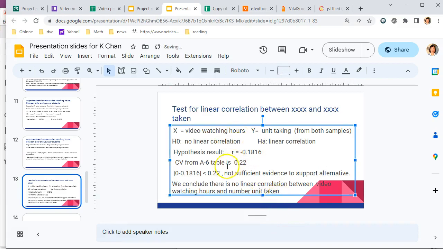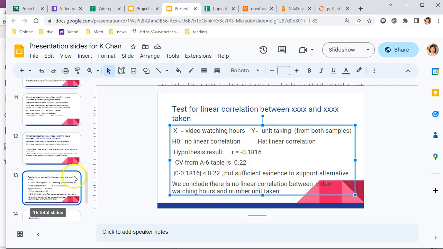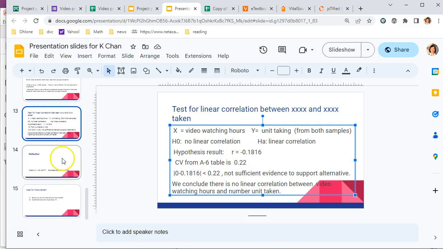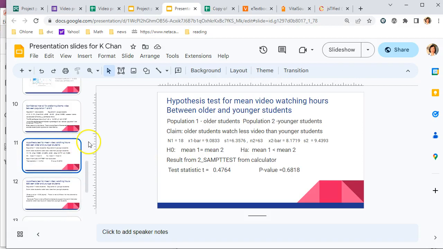Okay, so that's completed. What happened is R has to be big in order to have linear correlation, but 0.1816 in absolute value is less than 0.22, so there's no linear correlation. So that completes our statistical analysis.